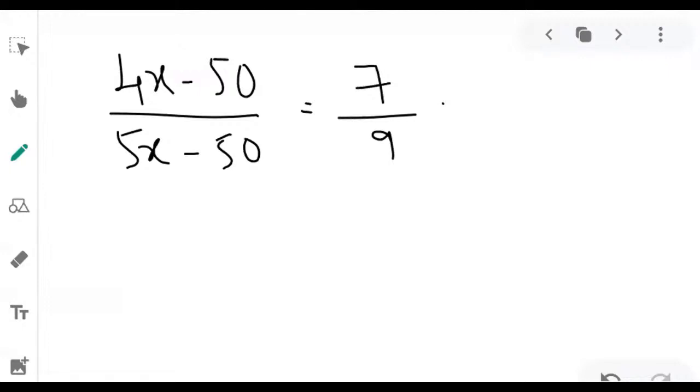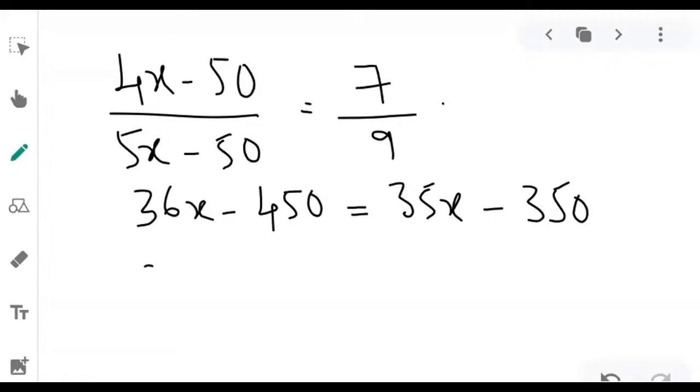Right? Tell me. 36x minus 450. 35x minus 350.